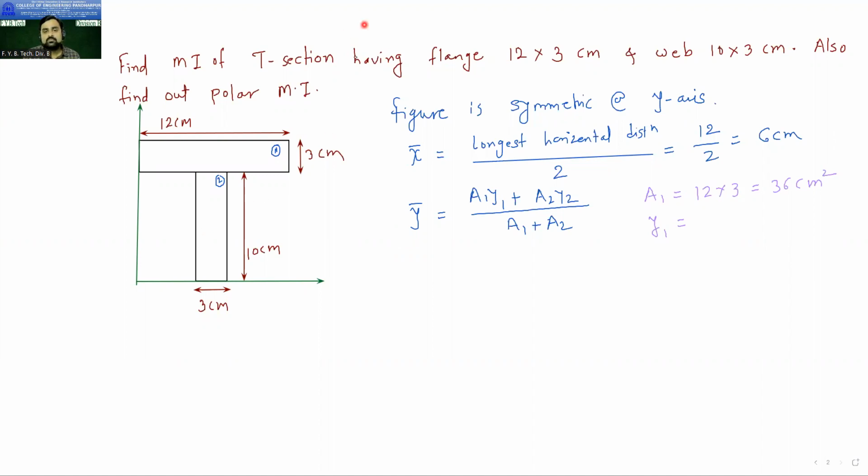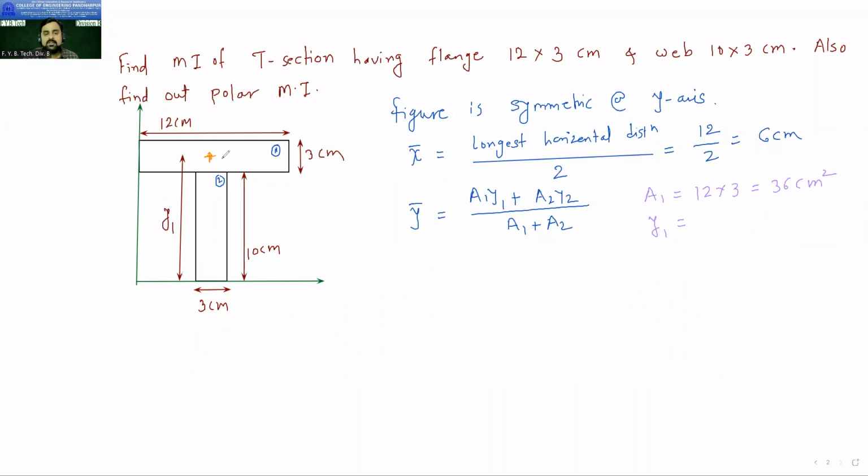So now y1 is the CG of the first figure. I will locate the CG of the first figure. Now this is my first rectangle. So somewhere here the centroid of the first figure will be. Because x bar is common, x bar is 6 centimeters, so this distance is 6 centimeters. But y1 is the distance from the x-axis to the centroid. So this is my y1.